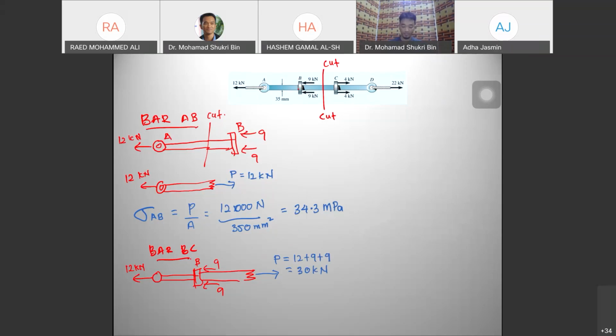So you calculate sigma BC is equal to P over A, which is 30 kilonewton over 350 millimeter squared, so it becomes 33 over 350, 85.7 megapascal.